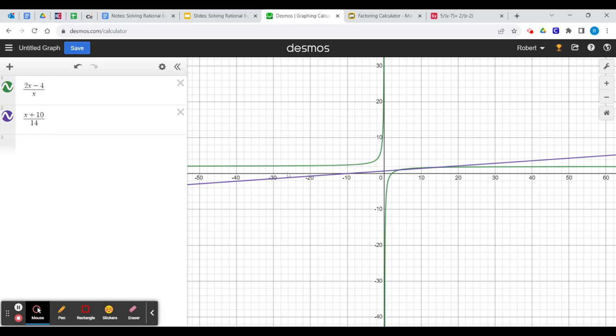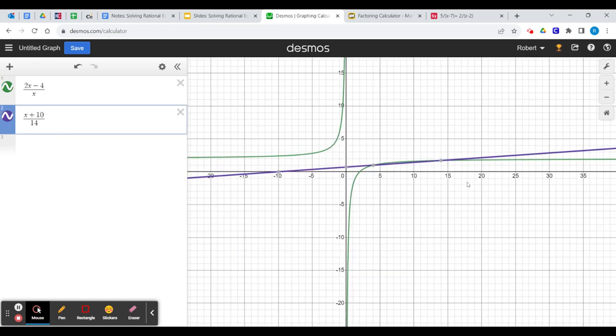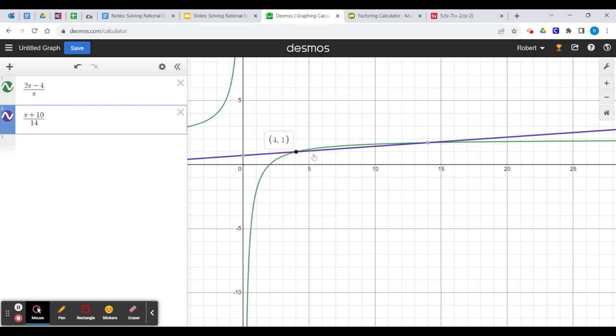And if we do that, you're going to see that, hey, we get a couple of intersection points. And if I zoom in on these intersection points and look at what the x values are, we get x values of 4 and 14.